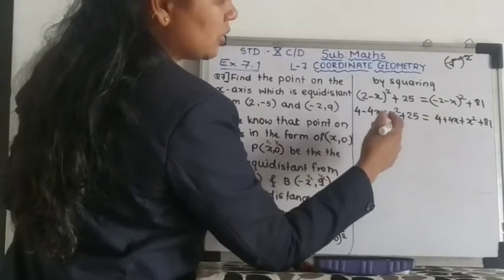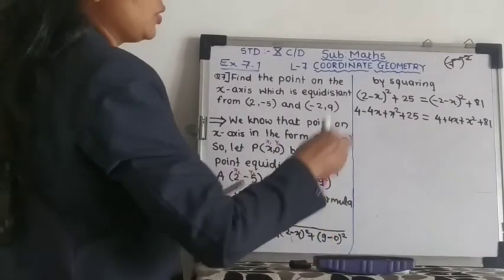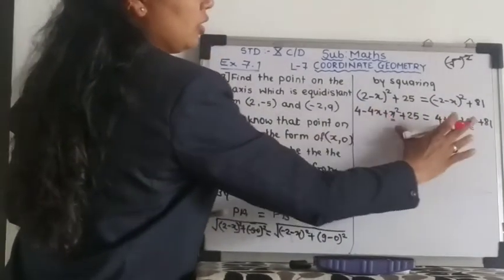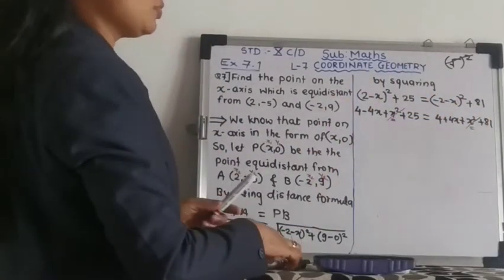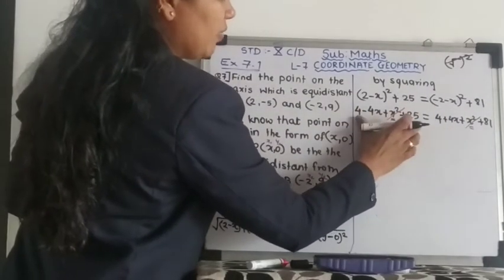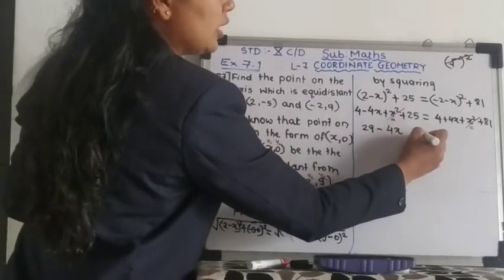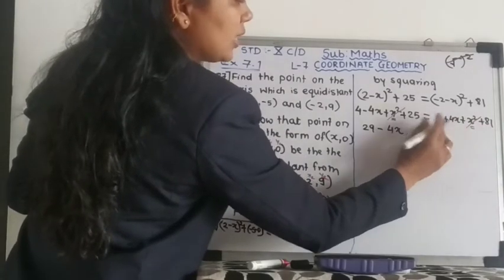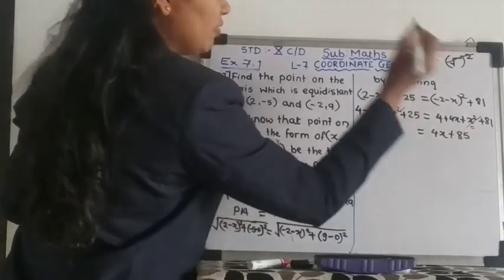Now we will transpose the same terms towards one side and the different numbers towards the other side. See students, here x square and x square are similar terms, so they will cancel out on transposing. 25 and 4 is 29, minus 4x equals to 4x, 81 and 4 is 85, so we'll write here 4x plus 85.